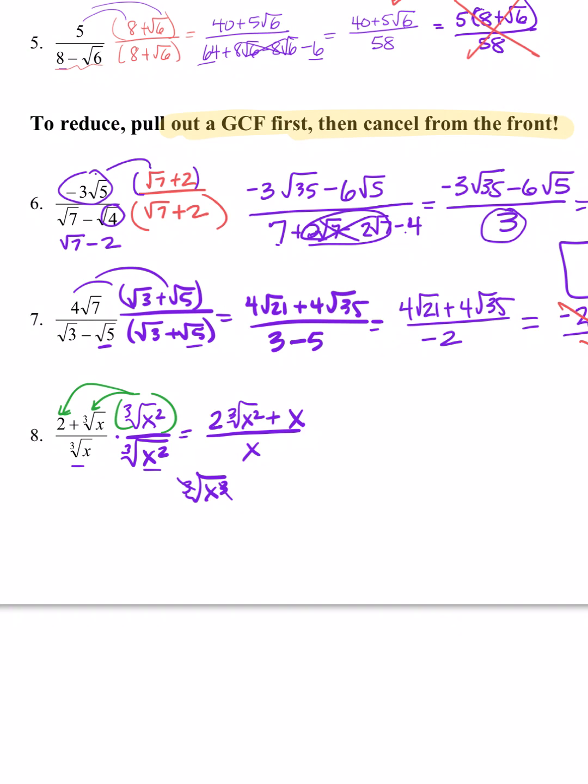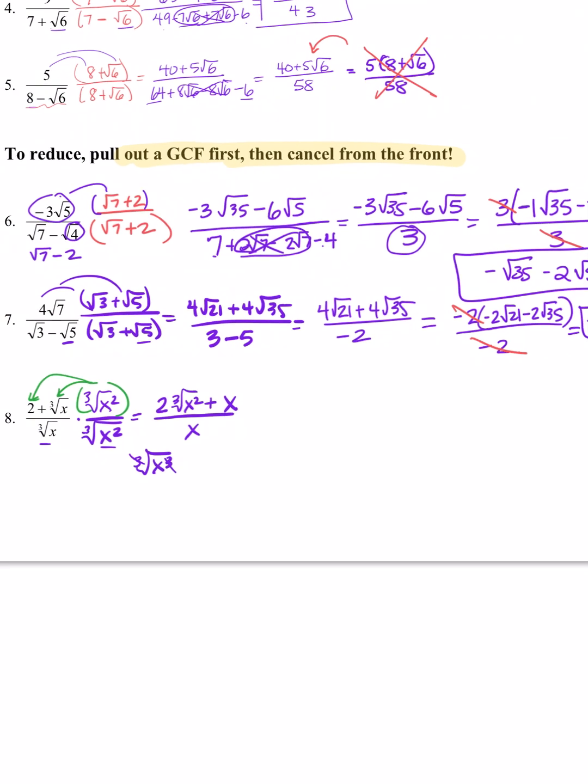Now, resist the urge to cancel this guy. You can't do that, okay? That's a no-no. If there is no GCF, there is no canceling, okay? So make yourself a little note here.